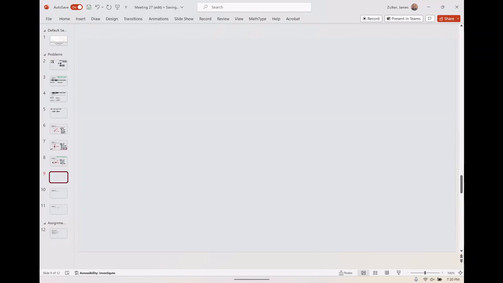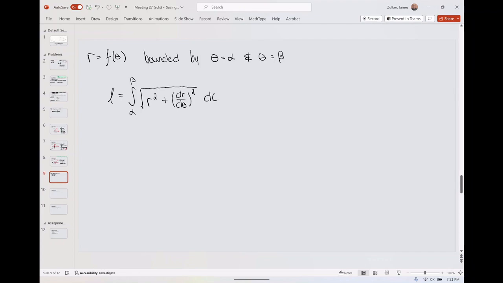And so again, given a polar curve, r equals f of theta, bounded by the rays theta equals alpha and theta equals beta, the arc length is the integral from alpha to beta of the square root of r squared plus the derivative of r with respect to theta, squared.